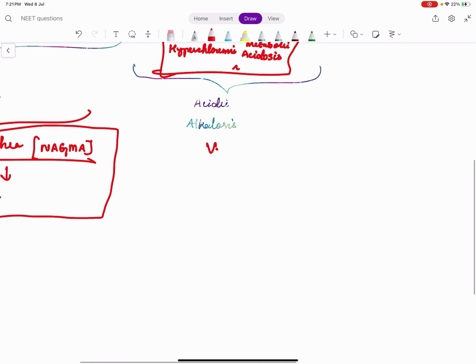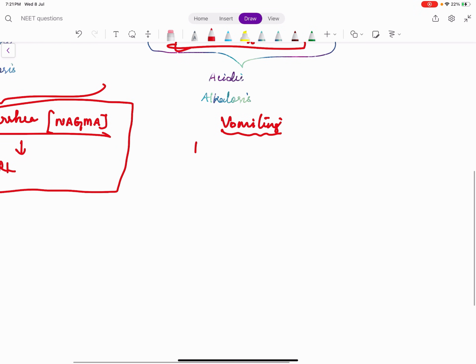Whereas we will discuss vomiting. Vomiting is an upper GI symptom, that is fluid is lost from the stomach. In the stomach, the main fluid is hydrochloric acid, that is it has more chloride. So in vomiting, chloride is lost, and H+ is also lost, that is acid, proton is lost.